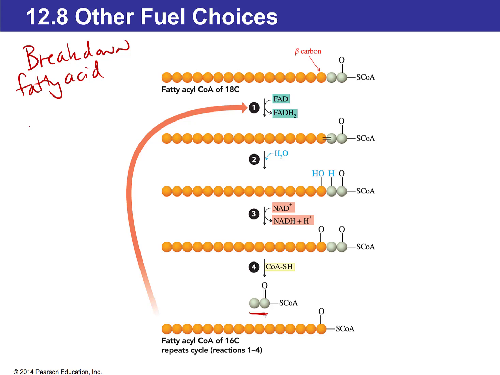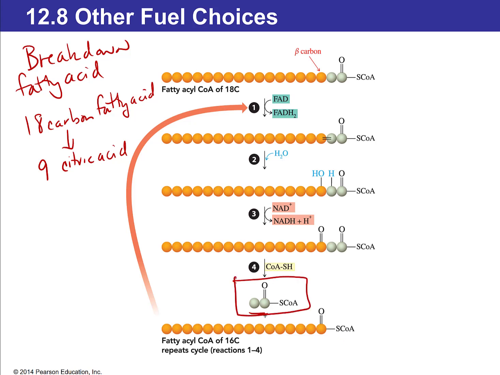So from an 18 carbon fatty acid, you can run 9 citric acid cycles, because we're going to make 9 acetyl-CoAs, which is the piece that feeds into the citric acid cycle, that circular series of reactions.